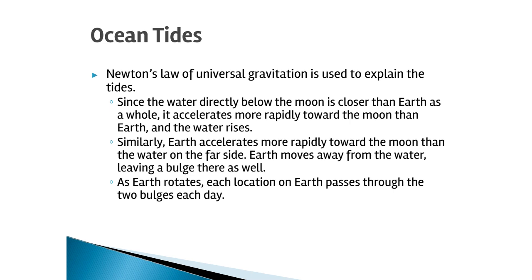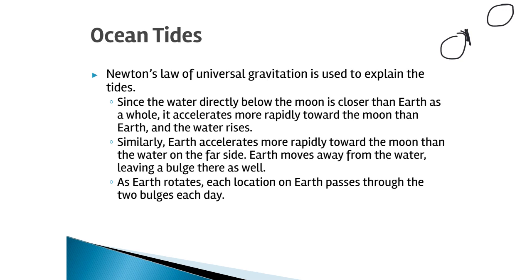So Newton's law of universal gravitation can be used to explain the tides, since the water directly below the moon is closer than the Earth as a whole. So that water is going to accelerate more rapidly toward the moon than the Earth, in other words, the ground, and the water is going to rise.